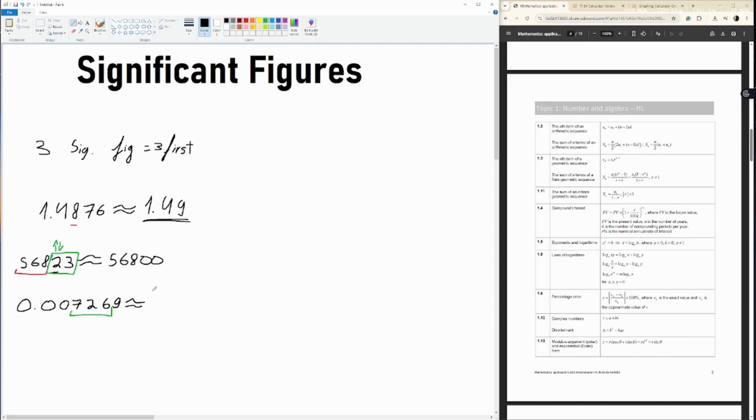So therefore you can see that this is worth 2.27. And yeah, so if you're looking at very small numbers, you have many zeros at the front, the 3 significant figures that you have to write down start when the first number that isn't 0 starts. That's very important as well.